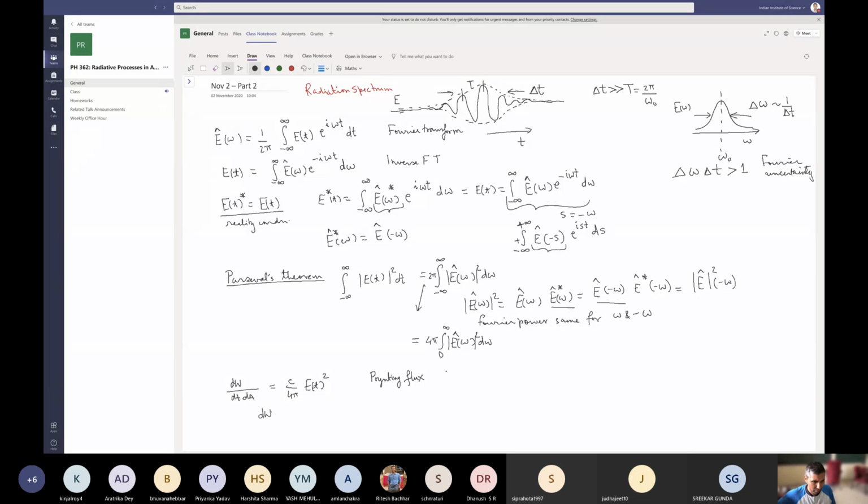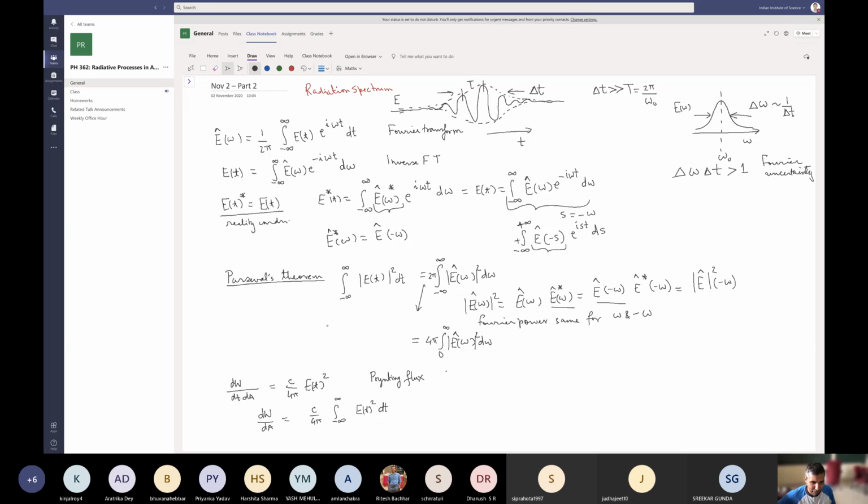Now dW by dA is equal to c by 4 pi times the integral from minus infinity to infinity of E(t) squared dt. If we are waiting at some area and integrating over all times and asking how much energy per unit area crosses it at all times, this is what you will get.